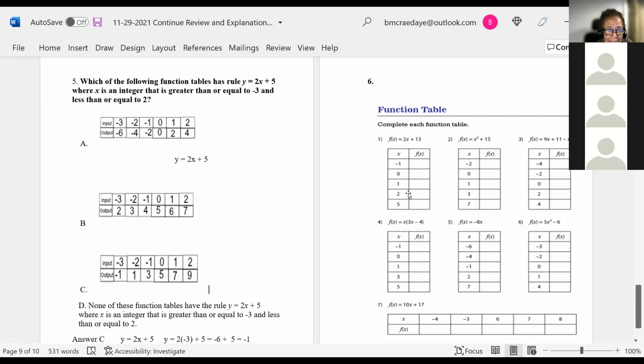When X is 2, what is F of X? 2 times 2 is what? 4. And 4 plus 13. 17. That's it. So you put in the table, 17. When it's 5, 2 times 5 is what? 10. So 10 plus 13 is what? 23. That's it. So you put 23.